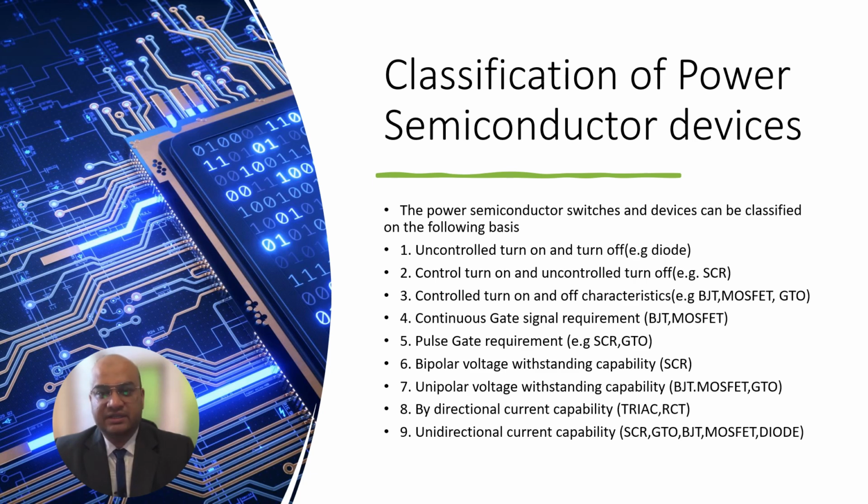They come under the category of SCRs. Then we have unipolar voltage withstanding capacities like BJT and MOSFETs. We have bidirectional current capability devices such as TRIAC and RCT. And then it can be unidirectional current capability such as SCR, GTO, BJT and MOSFETs.